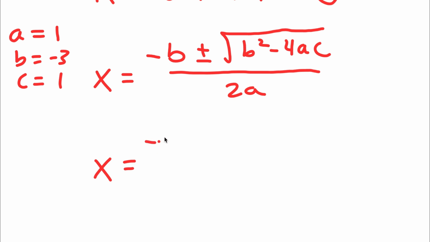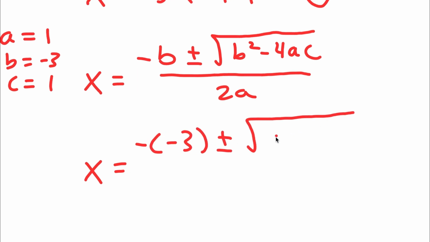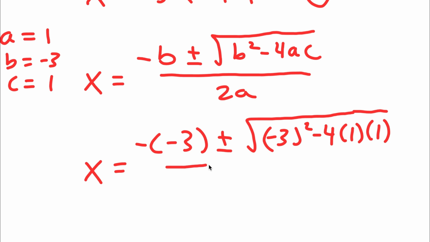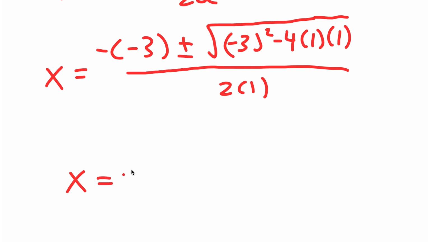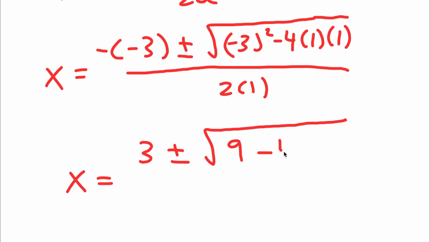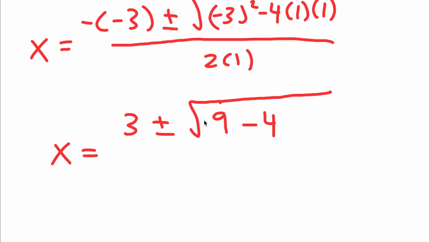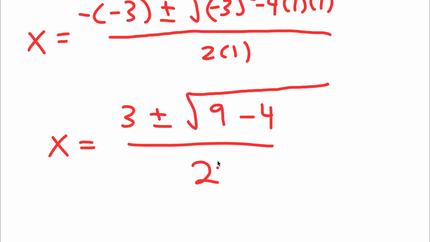So I get x is equal to negative of negative 3 plus or minus the square root of negative 3 squared minus 4 times 1 times 1 all over 2a, so 2 times 1. So now I have x is equal to positive 3 plus or minus the square root of 9 minus 4. 4 times 1 is just 4, all over 2.